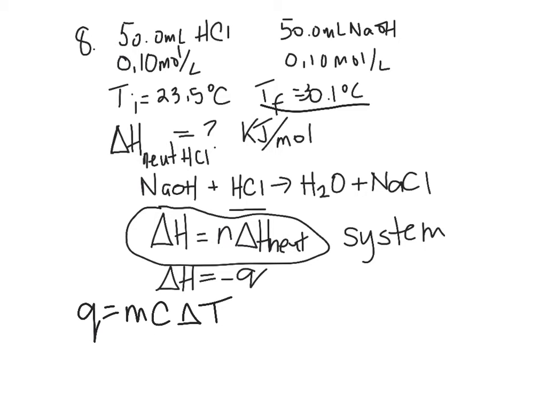That is your mass in your calorimeter. It's the final mass of your solution after the reaction. One of the assumptions that we make about calorimetry is that it has the same density and specific heat capacity as water.